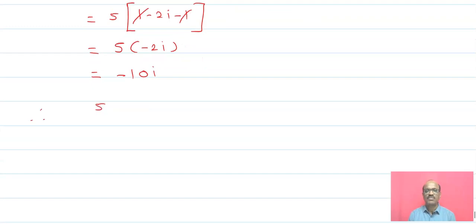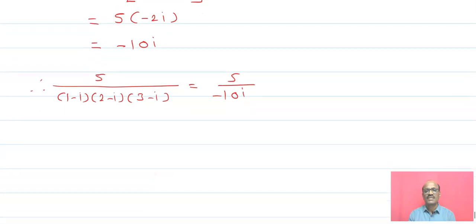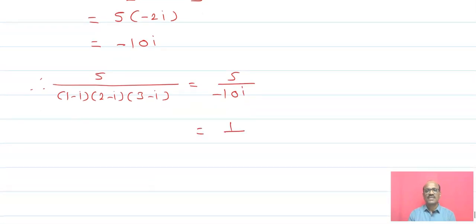That is 5 upon (1 minus i)(2 minus i)(3 minus i), and that is equal to 5 upon minus 10i.